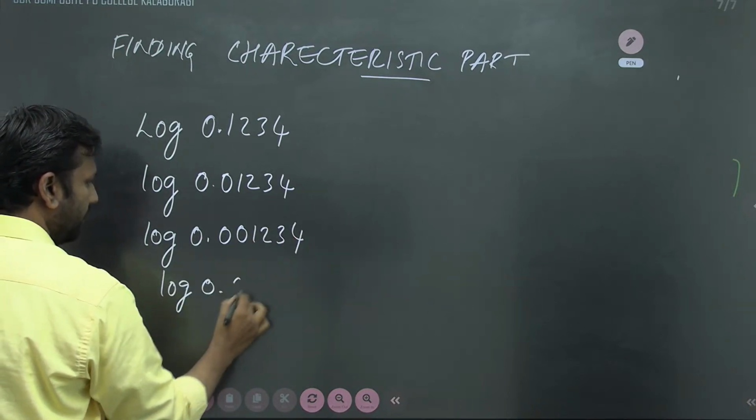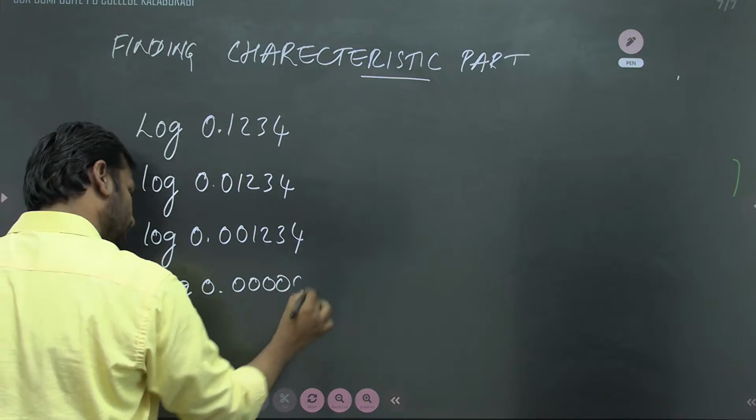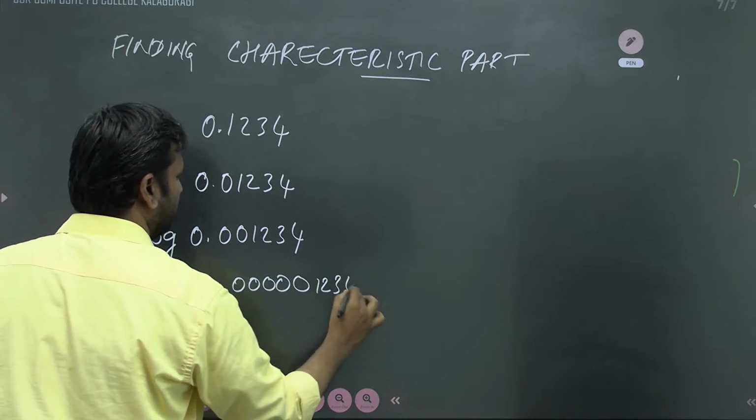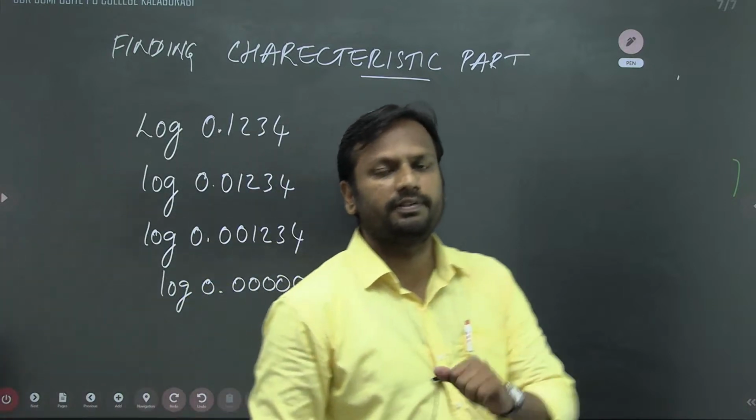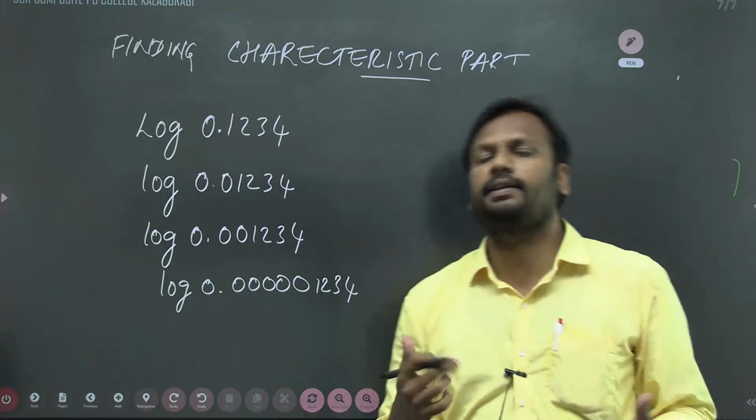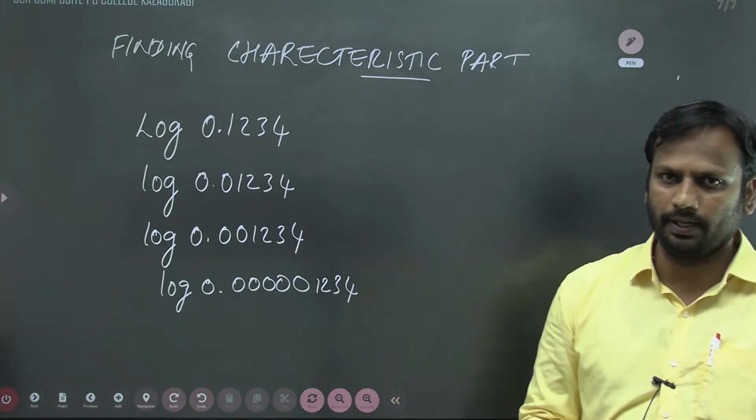Let me take some extra examples. If it is like this, then what will be the characteristic part, students? Same thing, the characteristic part, right?